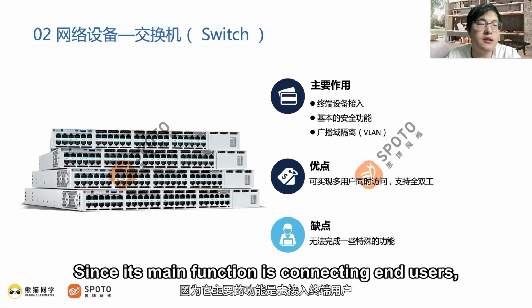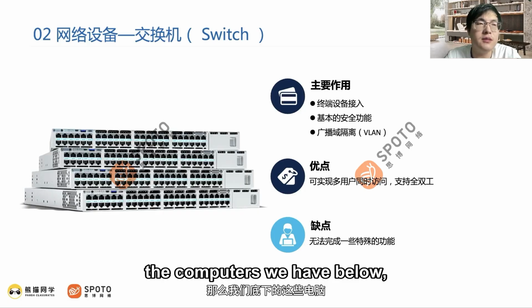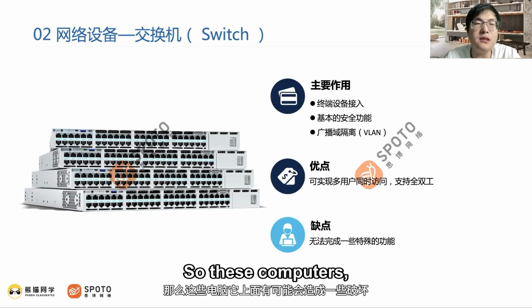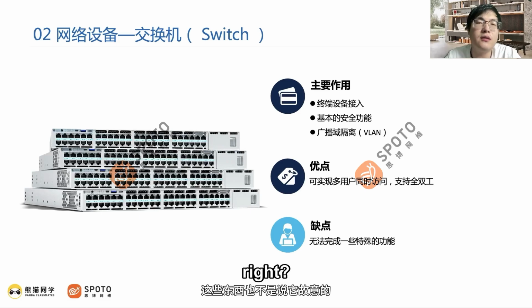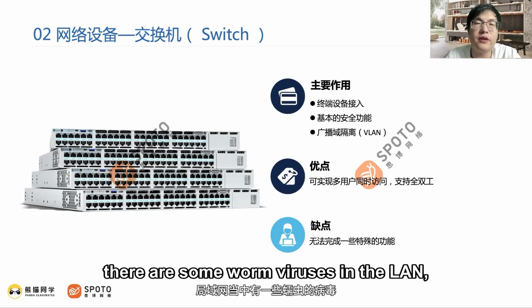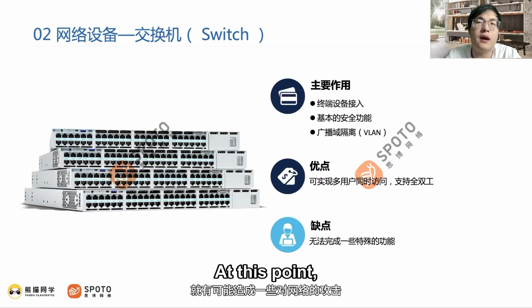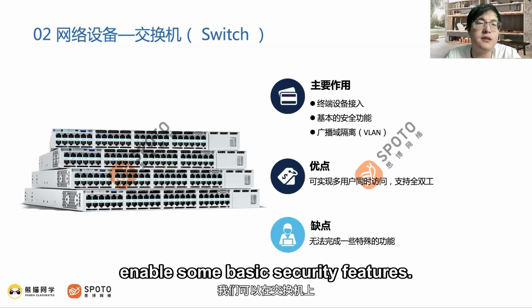Since its main function is connecting end users, the computers we have below are the so-called end users. These computers might cause some damage. Sometimes, for example, there are some worm viruses in the LAN, which could potentially cause network attacks. At this point, we can enable some basic security features on the switch.